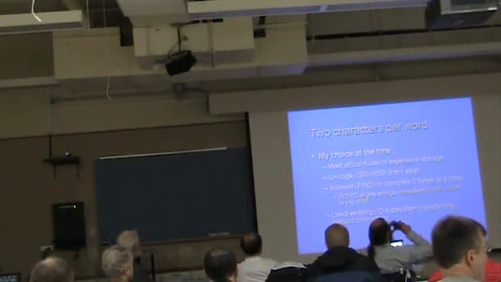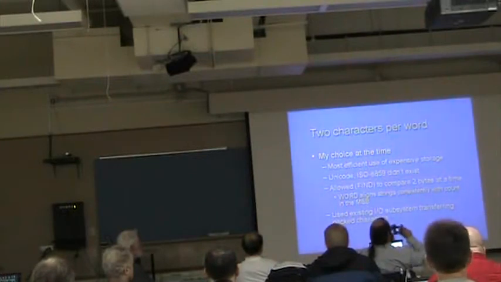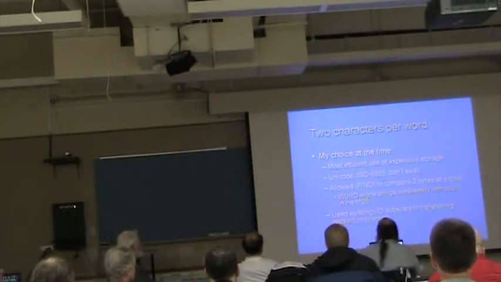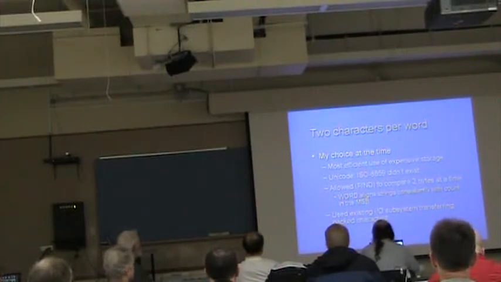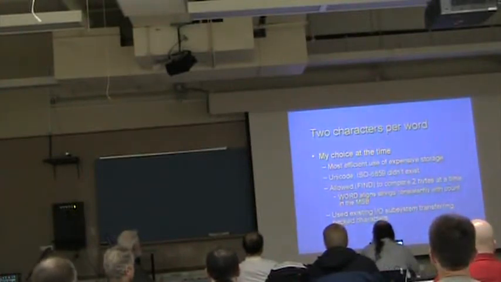What I actually chose to do was have 2 characters per word because it was the most efficient use of the storage that was kind of expensive at the time, and we didn't have any Unicode standard or even ISO 8859. And a minor technical advantage was that it allowed paren find to compare 2 bytes at a time.